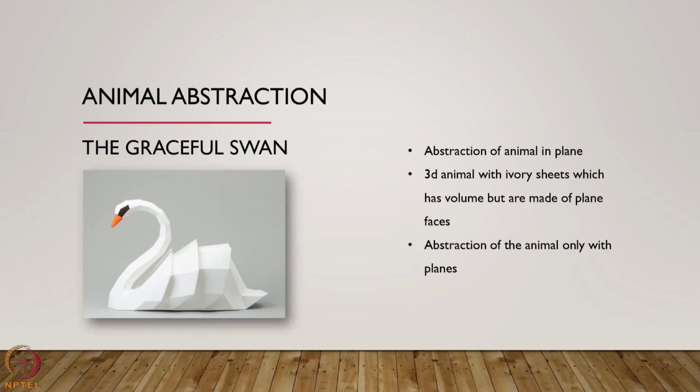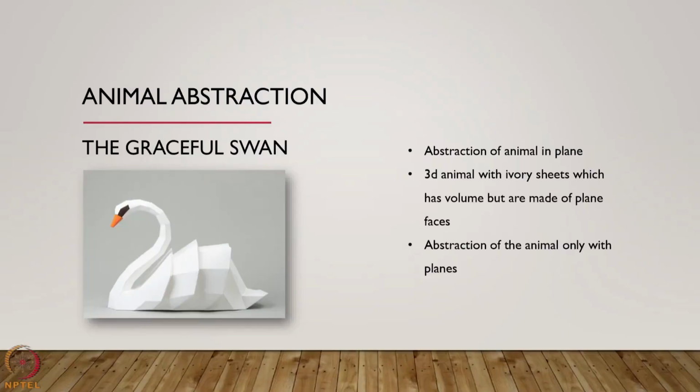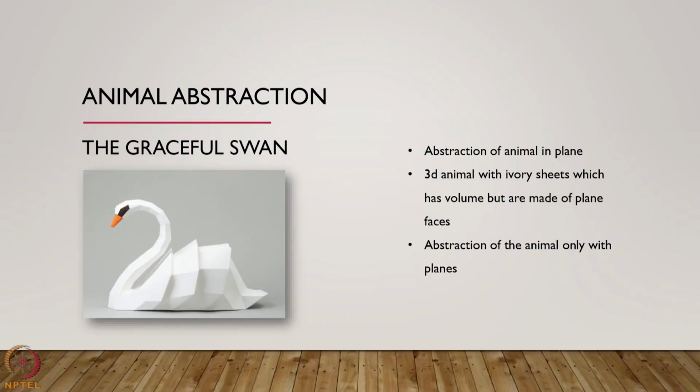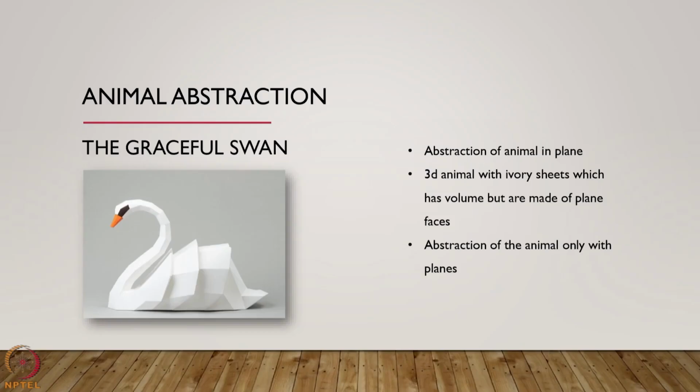And then we had this animal abstraction assignment where we took an animal. I took this one itself. So we made a paper abstract form, the 3D paper craft. We had plain faces, but it was still a little more abstracted from the original animal or the original picture.